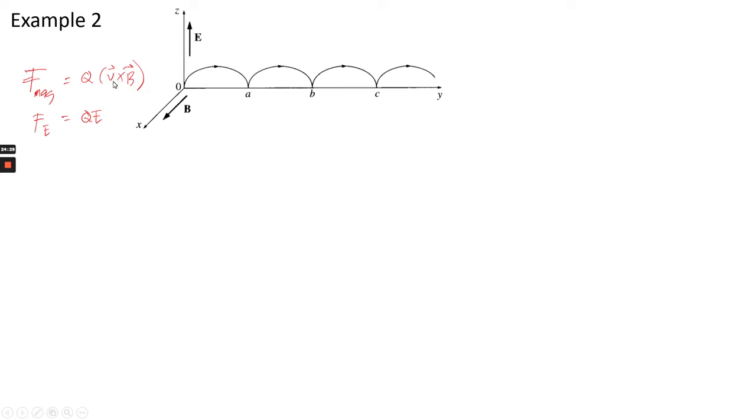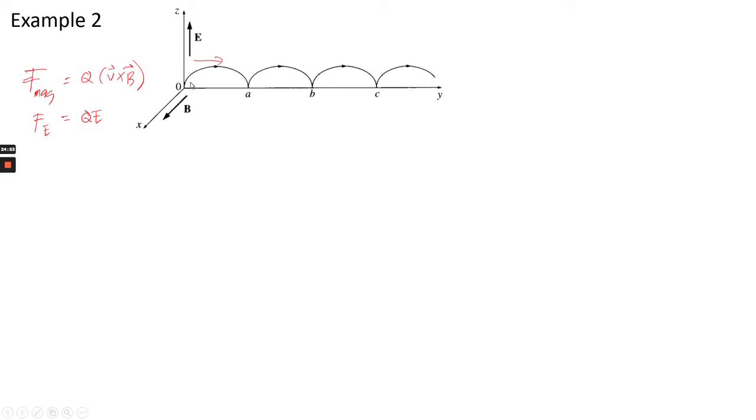Because of the velocity and the direction of the magnetic field, the direction of force would be around in this direction, right? So instead of moving up permanently, because a magnetic force develops, it bends the particle so that it curves in this way.